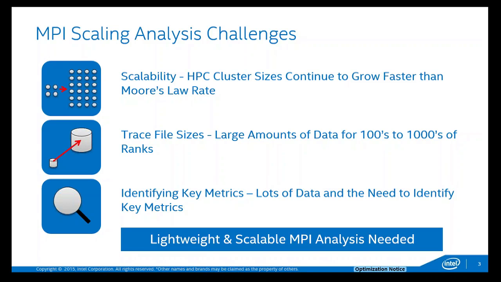What we really mean by that is we're adding more and more cores on a single machine, as well as adding more machines to a single cluster installation. So once you start taking advantage of thousands to tens of thousands of MPI ranks, you want to make sure you have a tool that can keep up with that expansion.